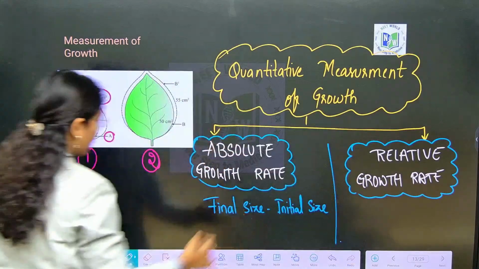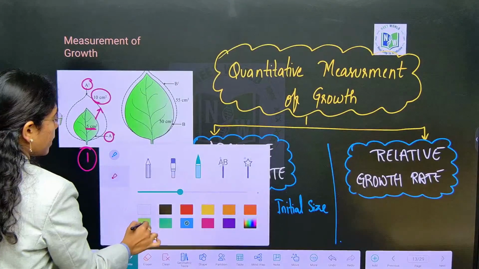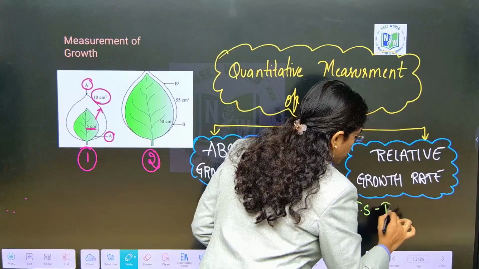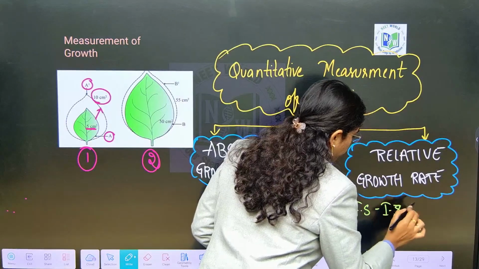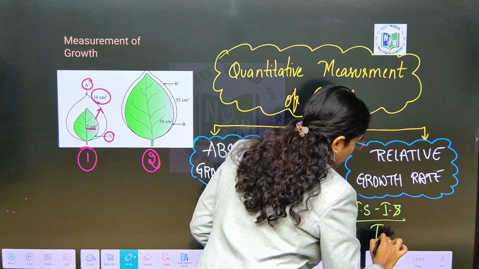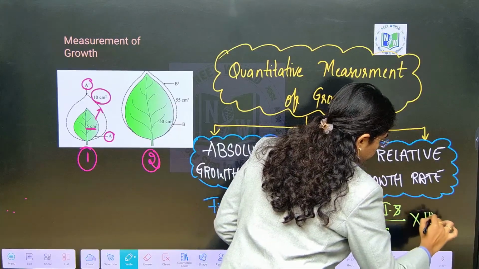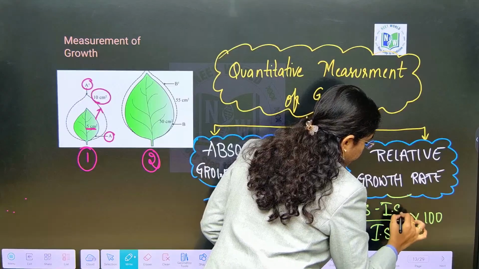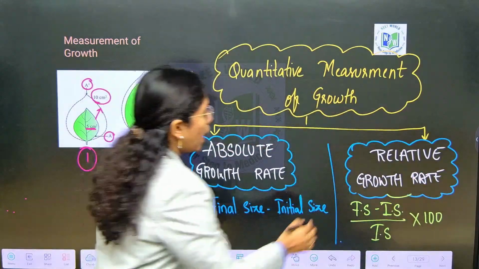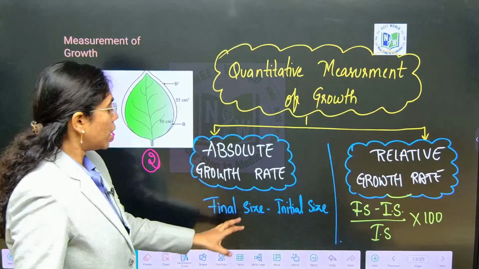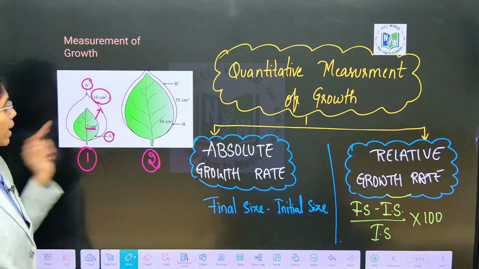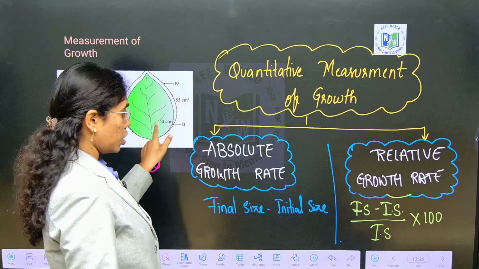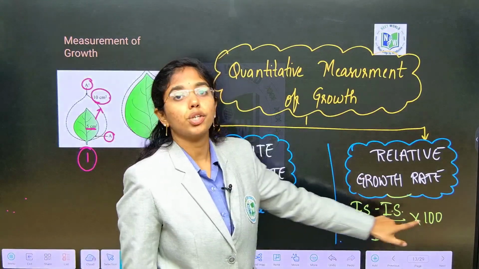If you consider relative growth, it is calculated as final size minus initial size by initial size into 100. Absolute growth rate is final size minus initial size. Relative growth rate is final size minus initial size by initial size into 100.